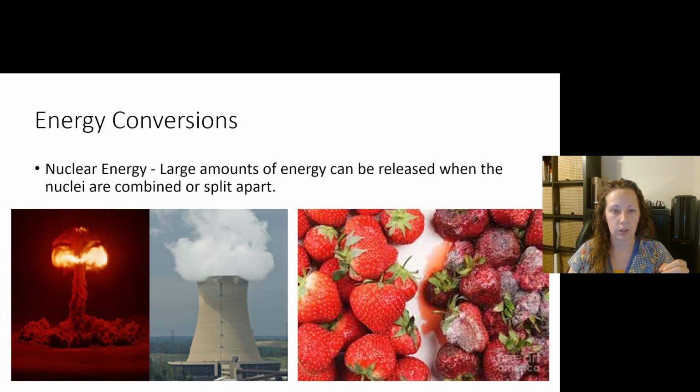In the irradiated strawberries, irradiation was produced potentially from nuclear energy, and it killed all of the microorganisms that were on the strawberries, such as the mold that you see here on the right, and left those strawberries staying fresh for far longer than a regular strawberry, which, there's mold in the air.